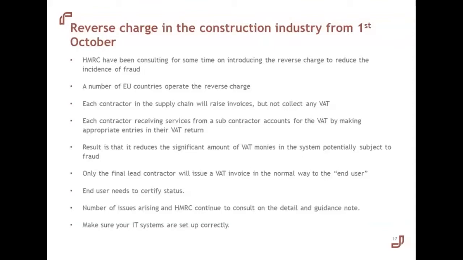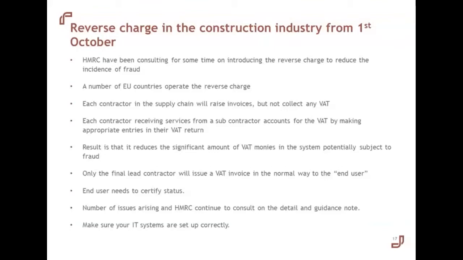The essence of the reverse charge is that each contractor in the supply chain will raise invoices, but there will be no VAT charged on those invoices, and the contractor who receives those invoices from the subcontractor will effectively apply what's known as the reverse charge, which basically means charge themselves VAT and recover the same amount of VAT. So the reverse charge is in fact VAT neutral, but what it does do is stop large amounts of cash in the system, which is the subject of fraud.